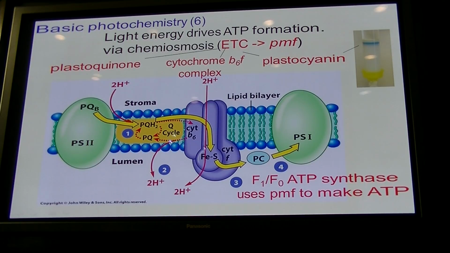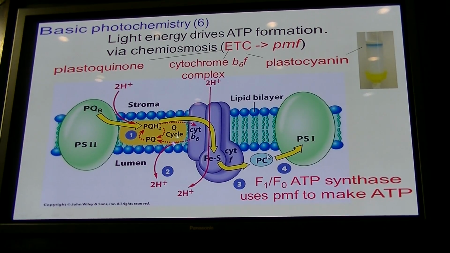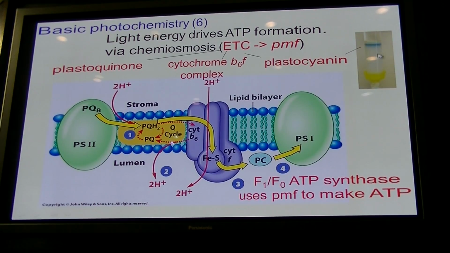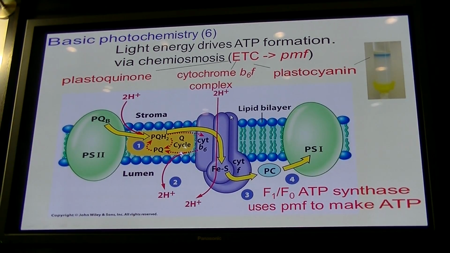So this is redox loops here that make the protons go across. Now we need to get rid of the electrons, and there's a molecule called plastocyanin, this small copper-containing protein that's blue, that takes the electrons from this b6f complex.